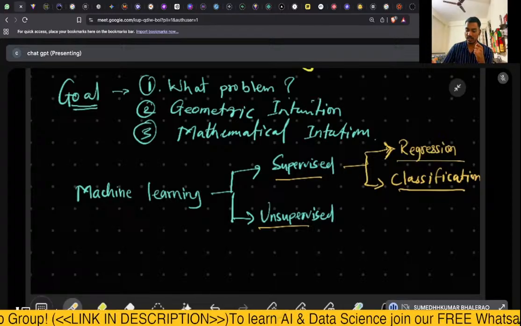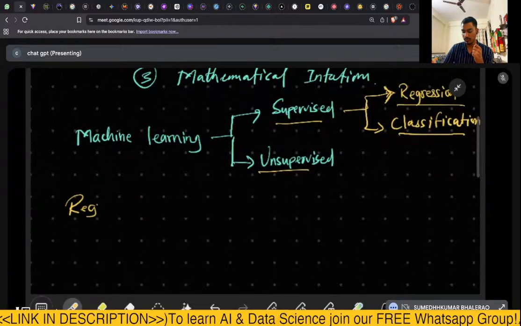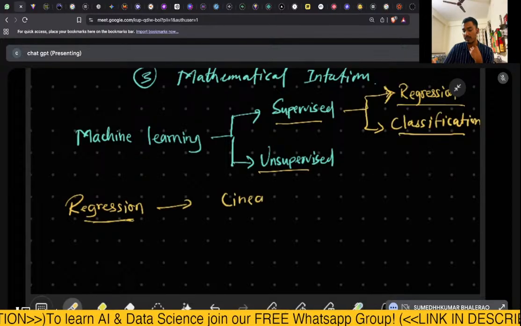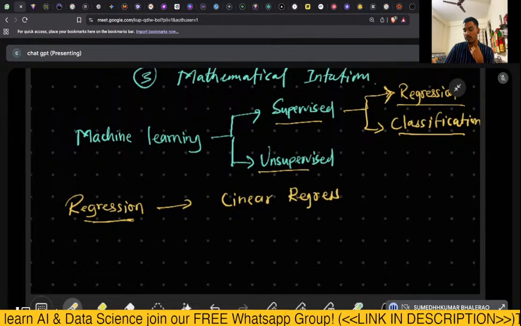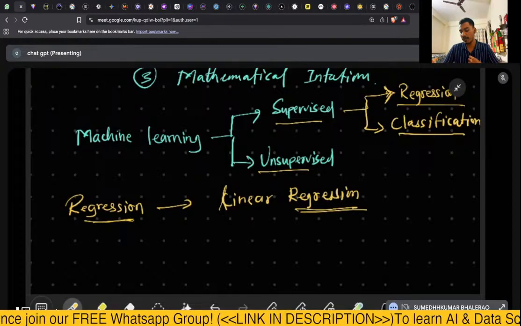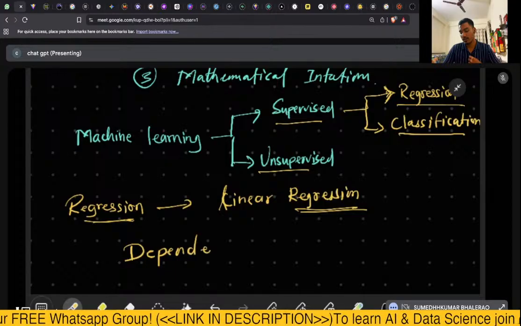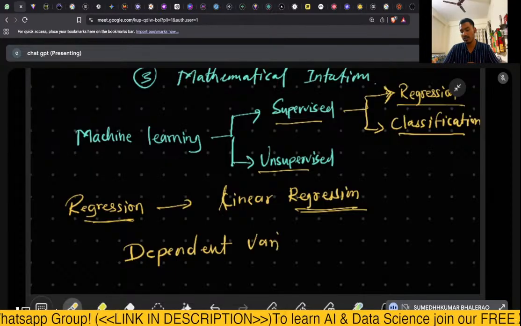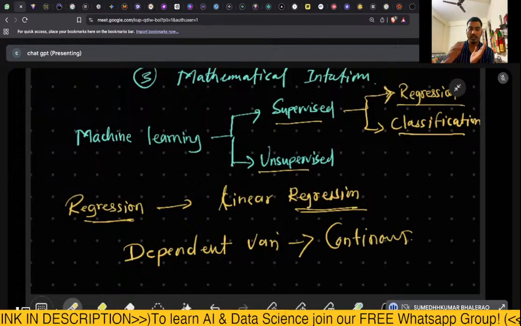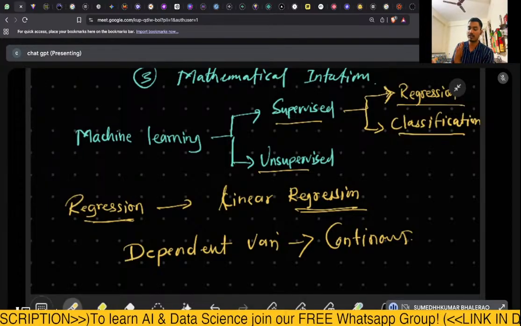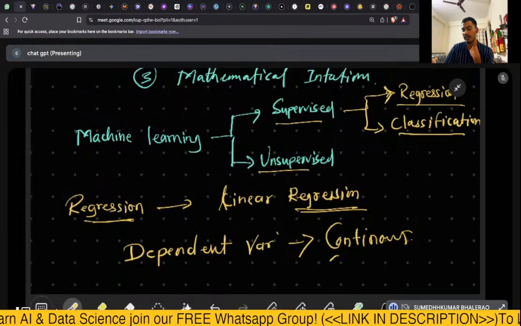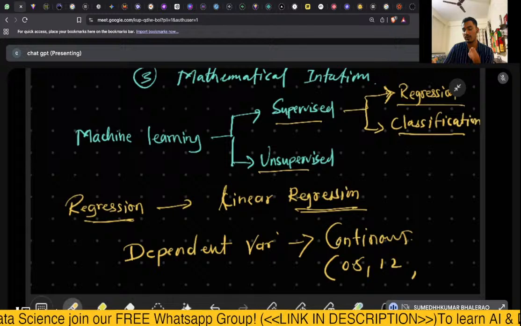Out of this, regression, we are learning the very first type, that is linear regression. We also saw one thing: regression means the dependent variables are continuous. What is meant by continuous? Continuous means numerical, like 0.5, 1, 2, 1200 and so on.